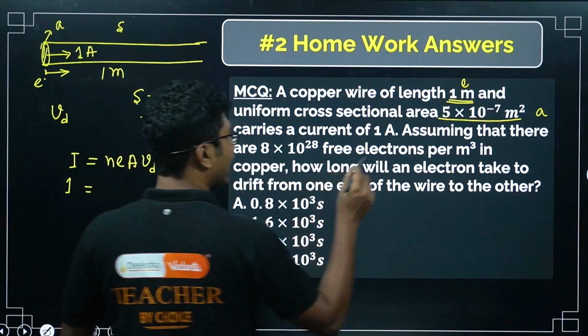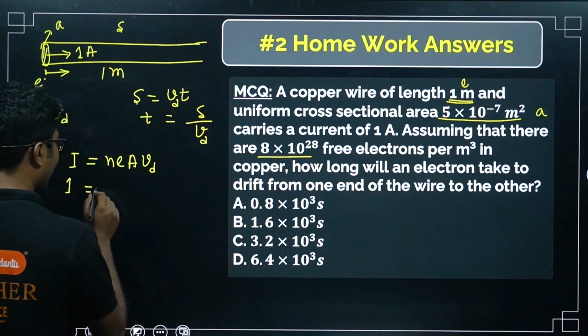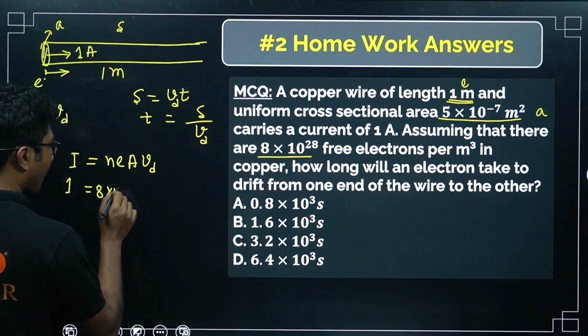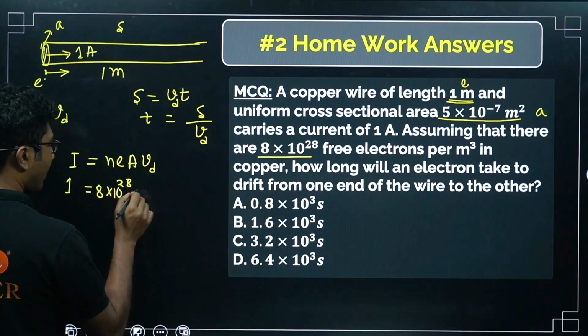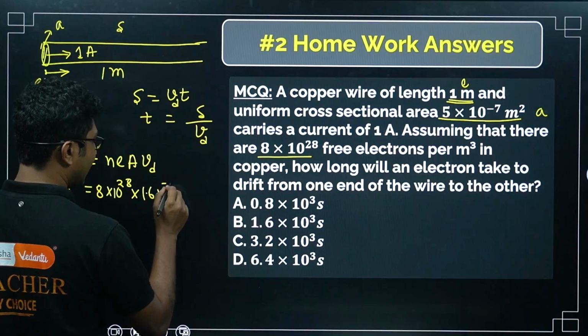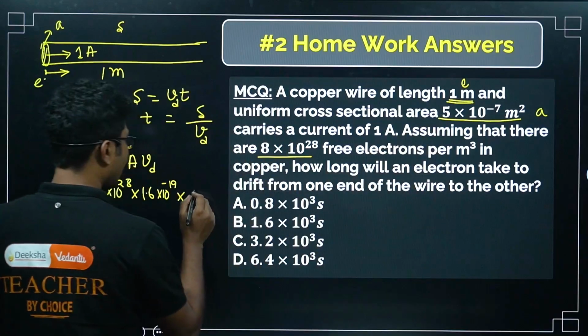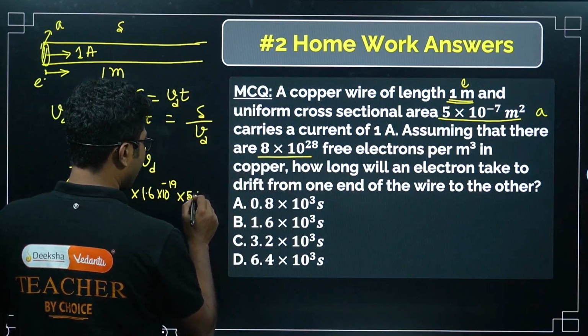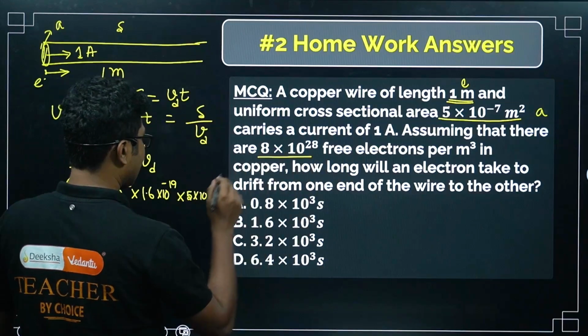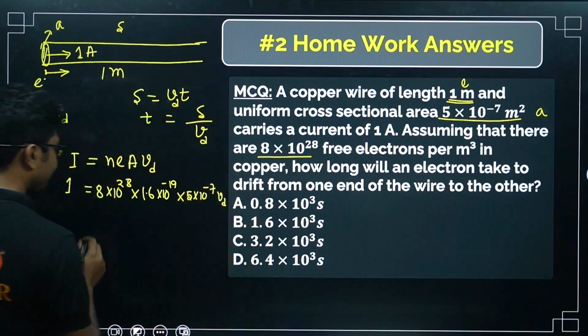The number of electrons per meter cube, N, is given by 8 times 10 to the power of 28. The charge of an electron is 1.6 times 10 to the power of minus 19. The area is given by 5 times 10 to the power of minus 7. Vd we are trying to calculate.